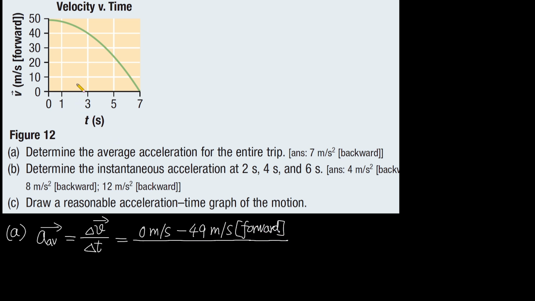And over the time interval of 7 seconds. And this equals -7 meters per second squared forward. Then this equals +7 meters per second squared backward.